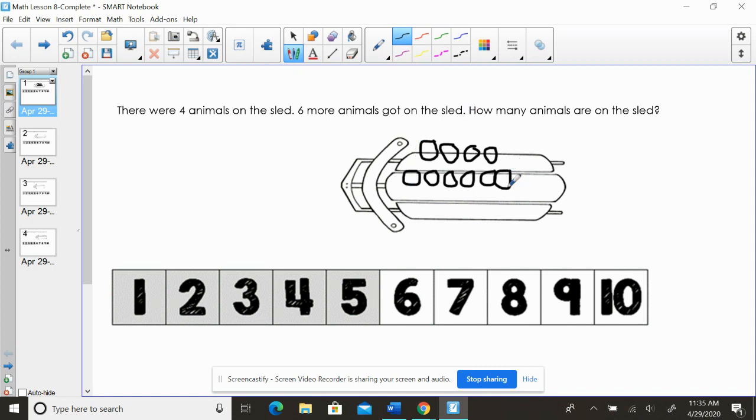We need to count all of the circles that we drew to figure out how many animals are on the sled. 1, 2, 3, 4, 5, 6, 7, 8, 9, 10. There are 10 animals on the sled.